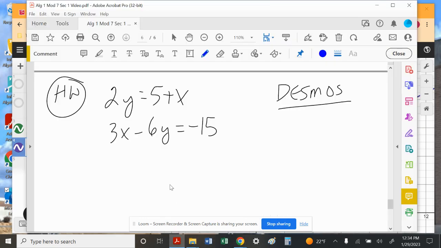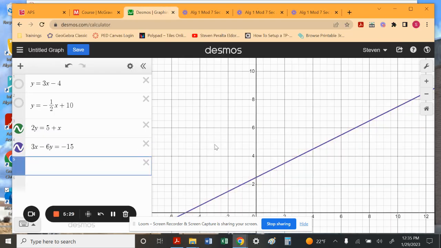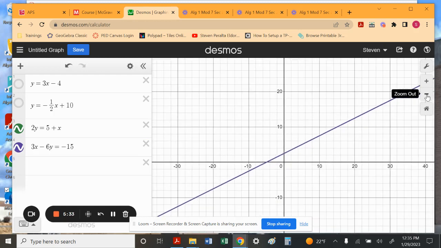One more time: 2y equals 5 plus x, 3x minus 6y equals negative 15. If you look at this, and we're going to come out a little bit, notice that it looks like it's the same line. Now, I don't know that for 100%, so I'm going to turn this off. Oh, yep, it is. There's the red line, and there is the blue line. So notice the blue line just covers it.